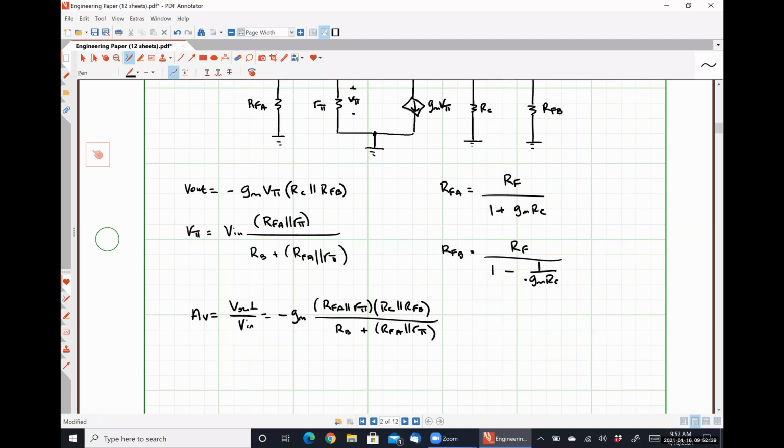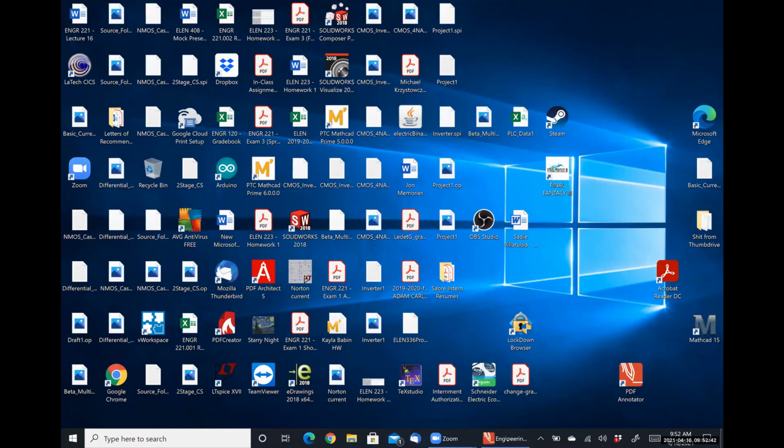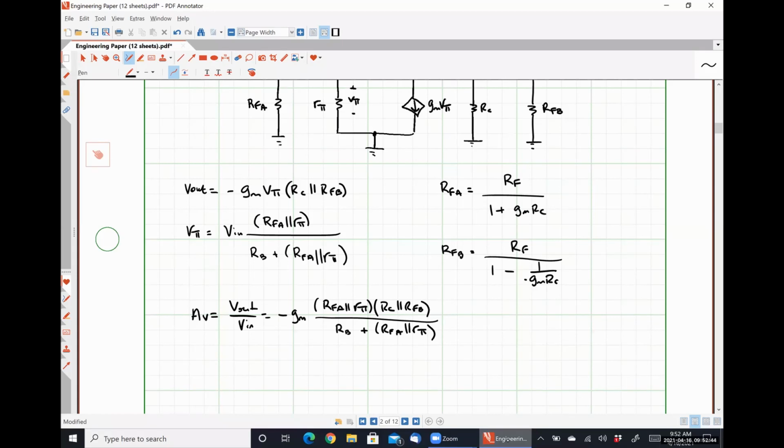If I multiply through by gm R_C, I'm going to get gm R_C R_F over 1 plus gm R_C. And I would just substitute that directly into my previous equation, and I'm done.